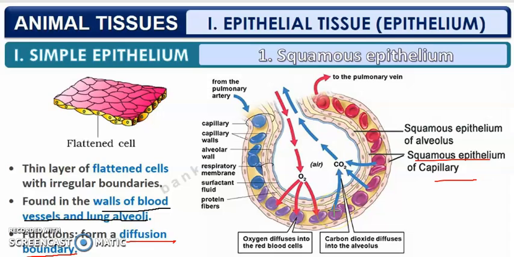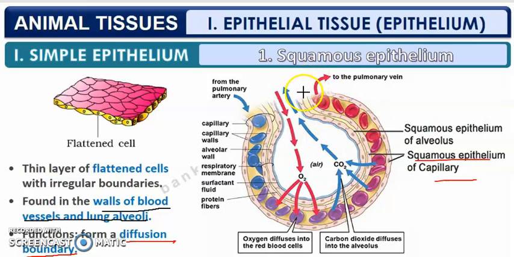So we know that capillaries are the thinnest blood vessels, and they help in the exchange of substances, right? But how do they help here? So this is the alveoli, this is the air sac, right? So the capillaries carrying the blood here will take in oxygen, and also they have to release the carbon dioxide, right?